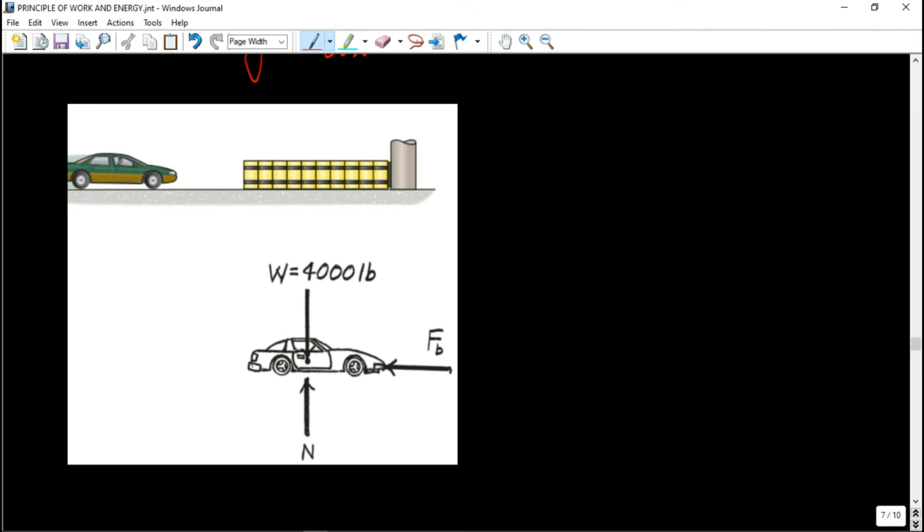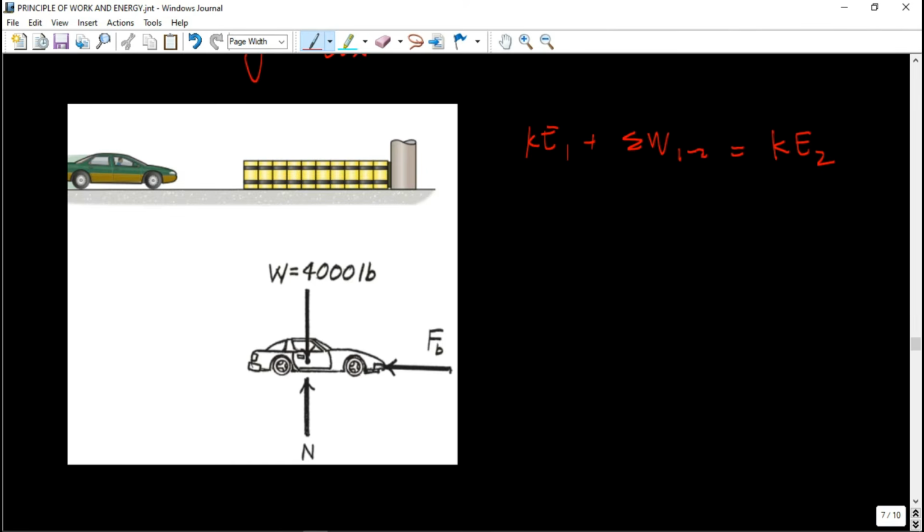So here, meron tayong weight of the car which is 4,000 pounds, pound force, and of course the normal force that acts opposite the weight, and of course the reaction of this barrier here, so yung force exerted by that barrier. Okay, so here, we can actually apply now the concept of work and energy. So that is the initial kinetic energy KE1 plus the summation of work from 1 to 2 equal to KE2.